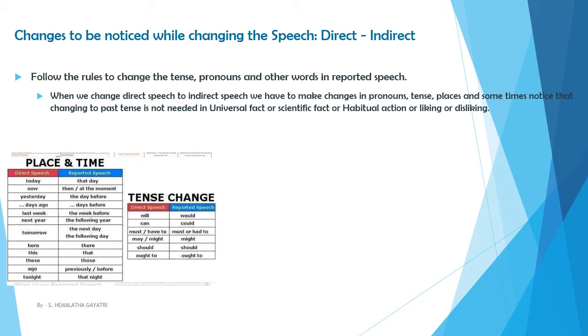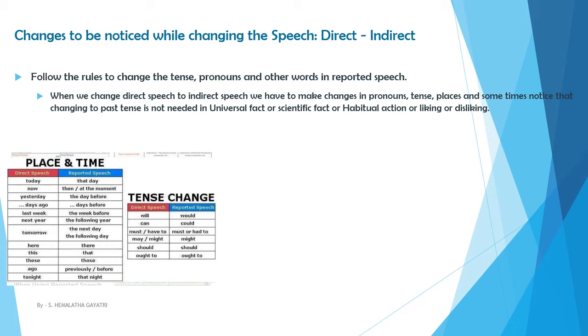So, place and time you have to take care, and you have to change these words when they are mentioned in the words given by the speaker within the quotation marks. You are going to replace these words with the words given in the reported speech column.